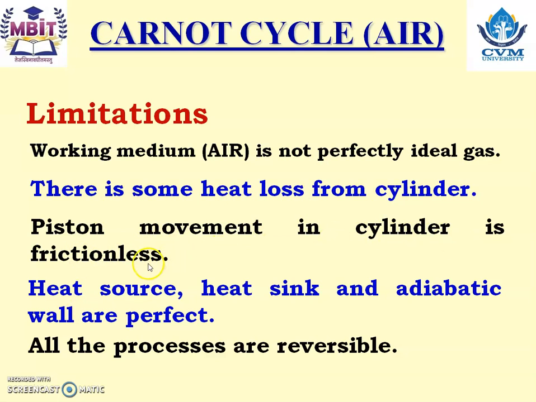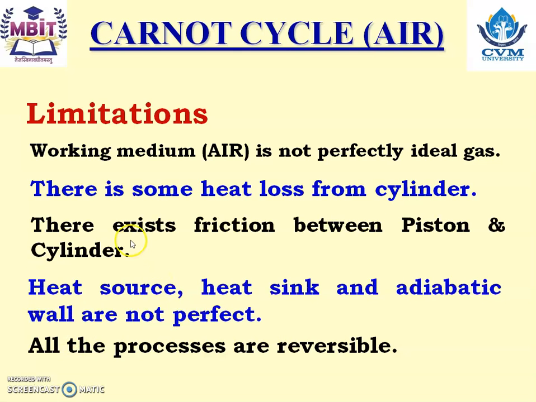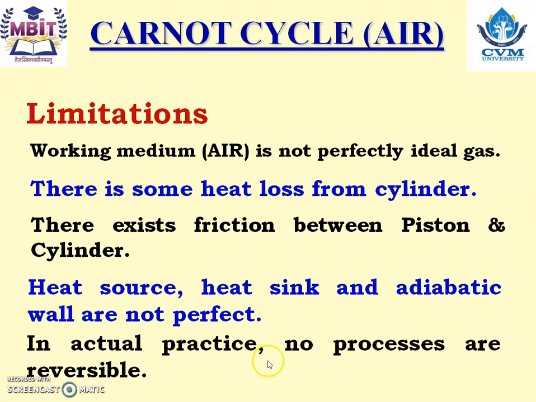Piston movement in cylinder is frictionless and heat source and heat sinks are perfect. So these are now limitations. There exists friction between piston and cylinder, and heat source, heat sink and adiabatic wall are not perfect. And last one is all processes are reversible. That is my assumption. So what is the limitation? In actual practice, no processes are reversible. So if you know the assumptions clearly, you can write down the limitations easily.